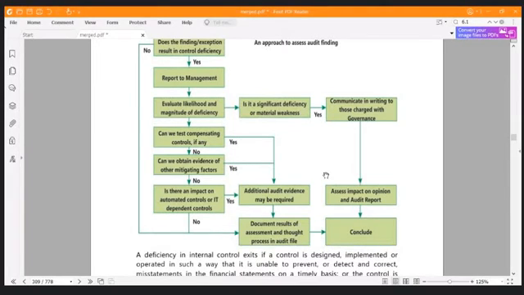If it is a significant deficiency or material weakness, yes, communicate to those charged with governance and say this is the impact. Otherwise, what can we do if it is not major? Can we test compensating controls, if any?